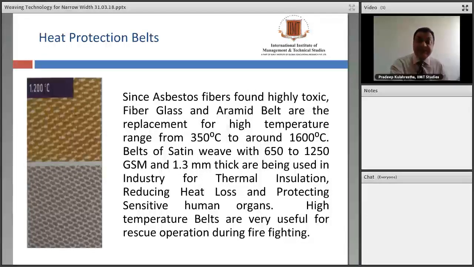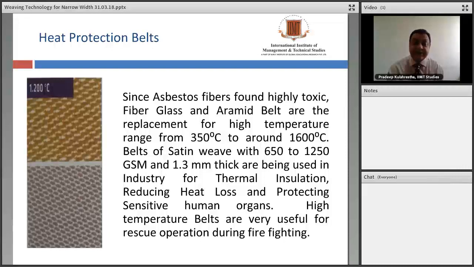Now, if we see heat protection belts, earlier asbestos belts were coming very much in the market, but this material was found highly toxic in nature. So now industries and other companies are taking fiberglass and aramid belts as a replacement for asbestos belts, which can sustain temperatures from 350 degrees centigrade to 1600 degrees centigrade, like for firefighting.